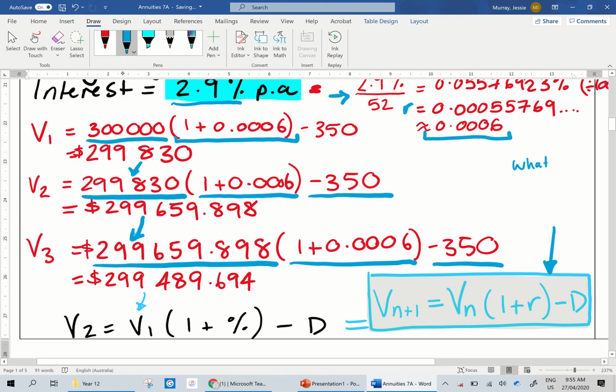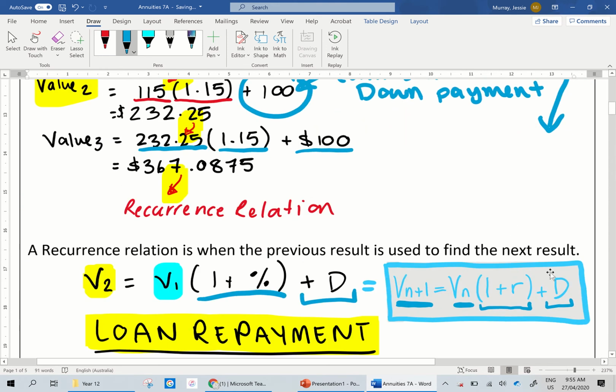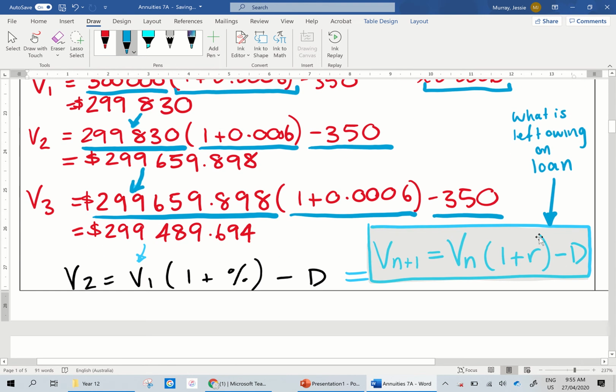So what is left owing on the loan? All right, so you've got two formulas. You have it when you have an investment or a superannuation and you're adding money and building it up. And then you have it for a loan where you're paying something off.